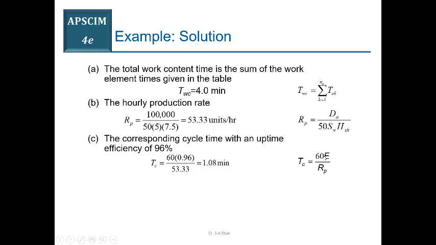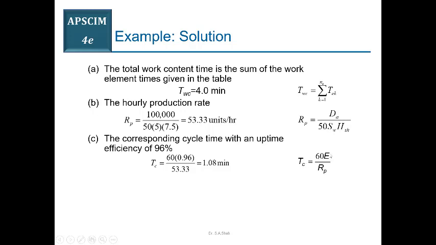And similarly, the line losses are also given. So if the uptime efficiency is given, you again have to multiply the cycle time with that factor. So your theoretical cycle time comes out to be 1.08 minutes using this formula. So if, for example, the production rate is in minutes, then it would be simply TC equals 1 by RP.